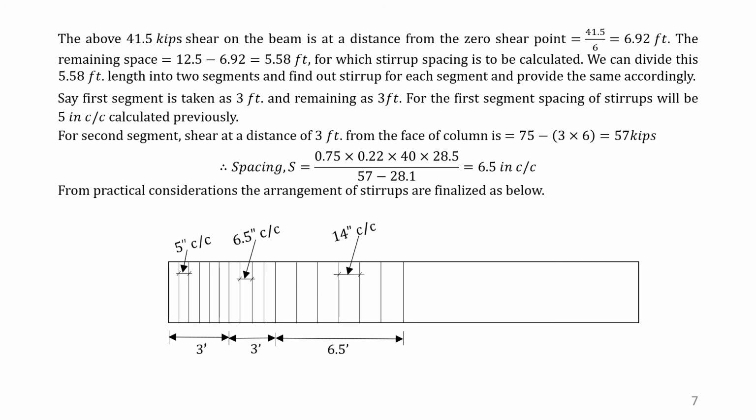The remaining space is 12.5 minus 6.92, that is 5.58.